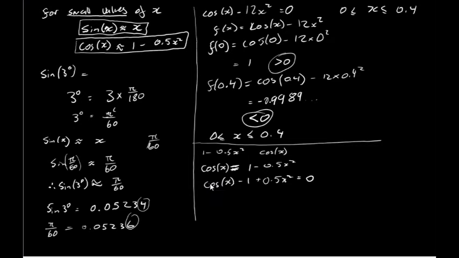We want this equation here: cos of x take 1/2 x squared, when that equals 0. We know cos of x is 1 take 0.5 x squared, so let's replace that.